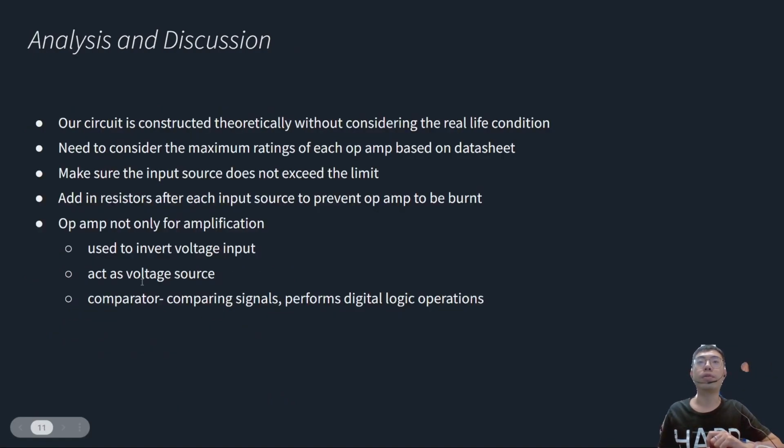And then for our discussion in this project, the op-amp circuit is constructed theoretically only, so we did not consider the practical conditions in real life. Therefore, if we want to build a circuit for practical use, we should consider the maximum ratings inside the datasheet for each op-amp, to make sure the input voltage, the input current, the bias voltage and the bias current do not exceed the maximum ratings.